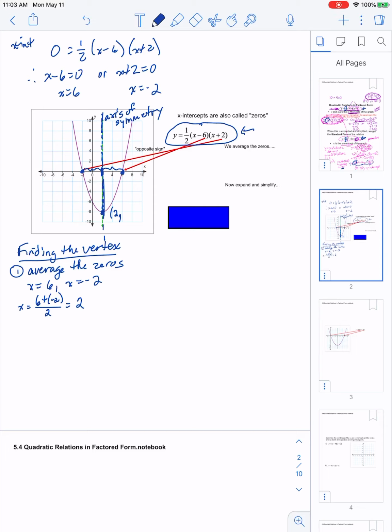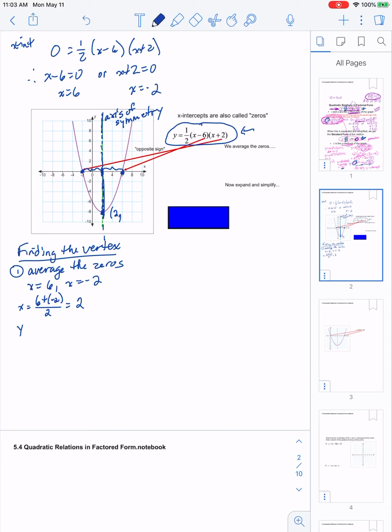And like with any relation, a linear relation, these quadratic relations, and any other relation you ever learn about, if you have the x-coordinate of a point, you simply substitute that number into the equation, and that will give you the y-coordinate of the point.